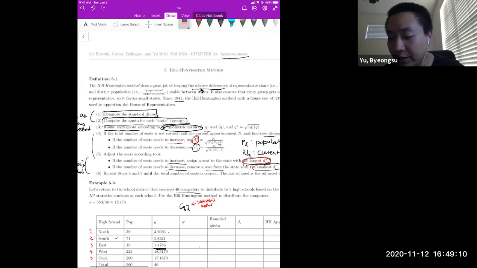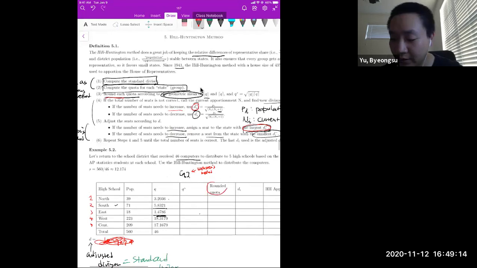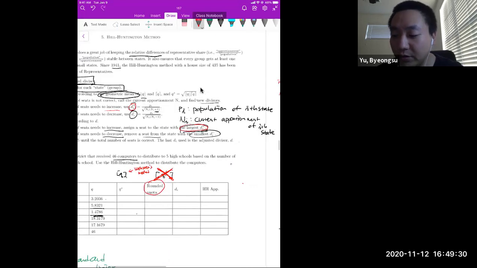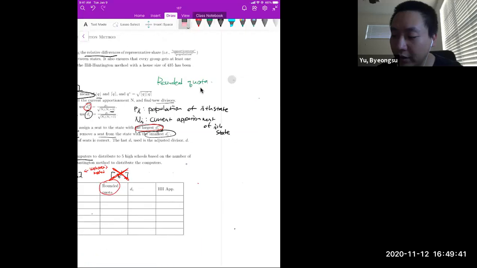When I explained the third step, when you found this rounded quota, what I explained in the class was that it is just rounding the Q star, right? However, that was wrong. Instead, this rounded quota is determined by the following decision.